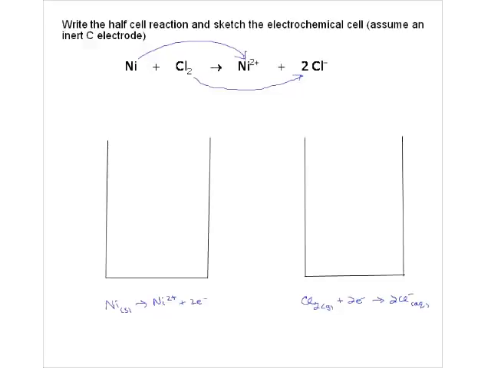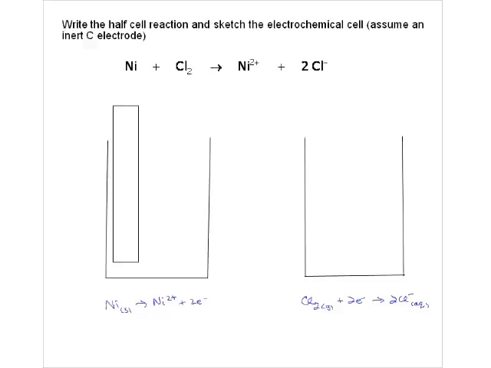Okay, so my half-cell notation, or my shorthand notation, is going to be the anode followed by the cathode. Let's do the cell before we do the shorthand notation, because we want to be able to see what phase changes we have here. And here we go.